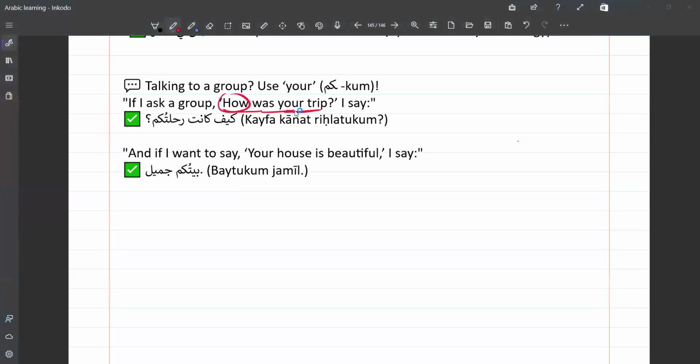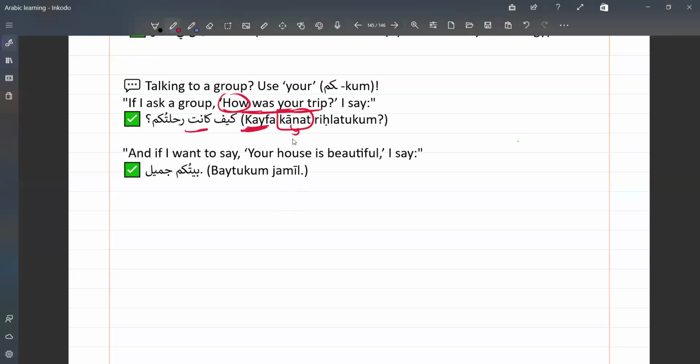So how in Arabic means kaifa, and kanat means was. We will study this later in the section of verbs, what kanat actually means, and how we say was in different variations. So don't worry about that for the time being. Just focus on the pronouns.